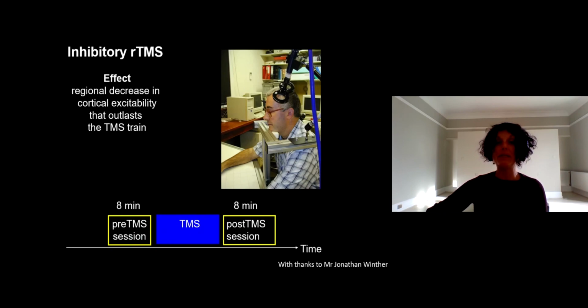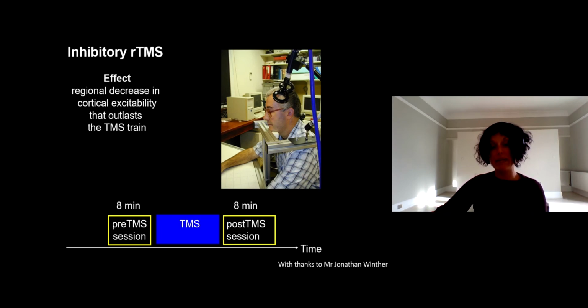The experiment is designed like this. Transcranial magnetic stimulation in inhibitory mode is given offline. This is a train of TMS pulses whose effect we know outlasts the duration of the stimulation by up to 1 hour.